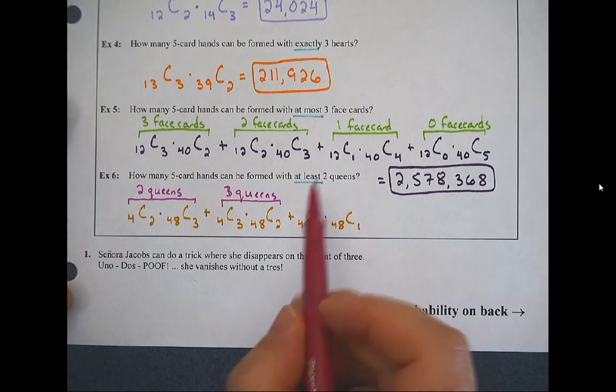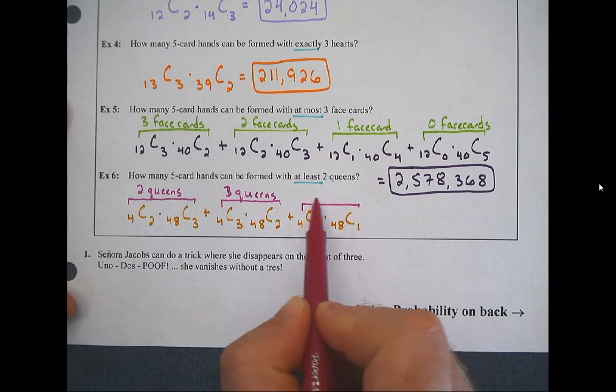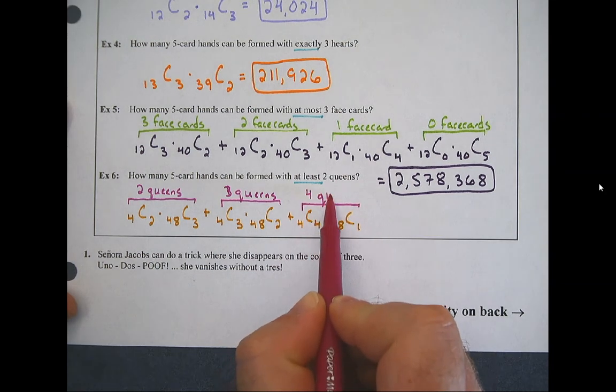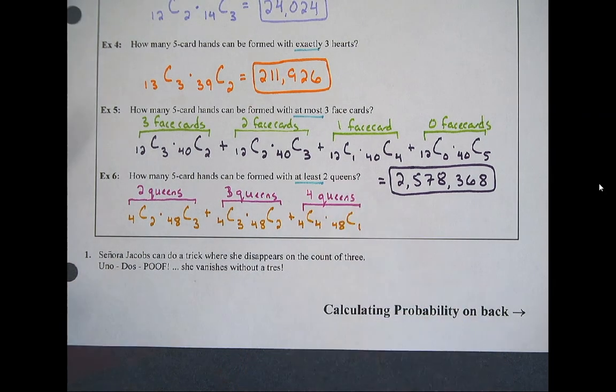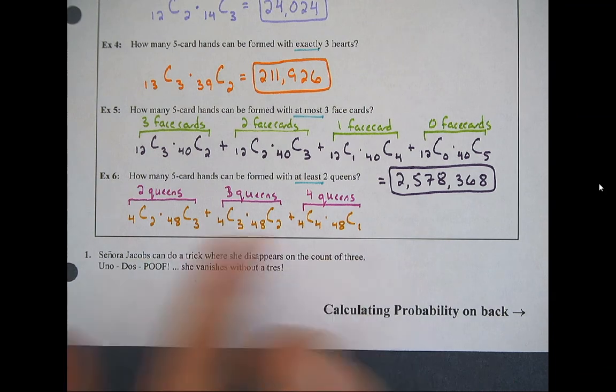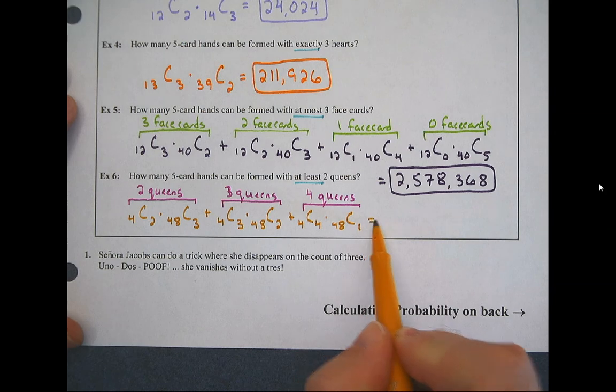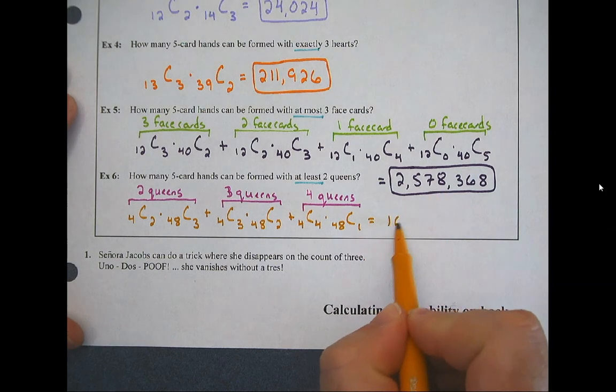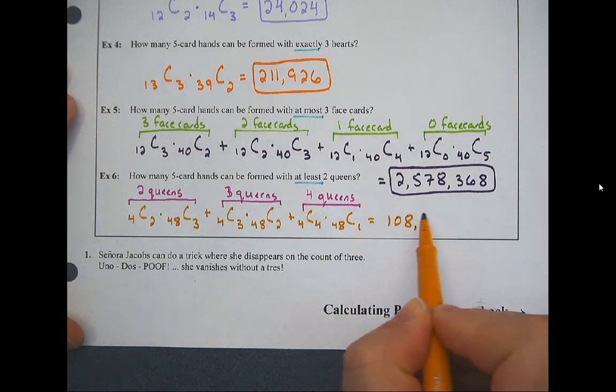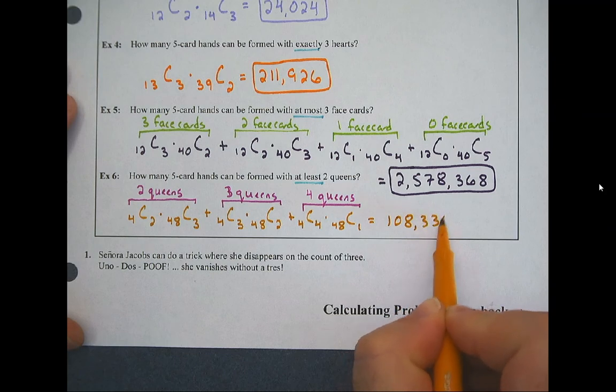And I would stop here because I can't pick more than 4 queens in a fair deck of cards. So I would encourage you to pause here and try to grab your calc, see if you can figure this out. You should get 108,336.